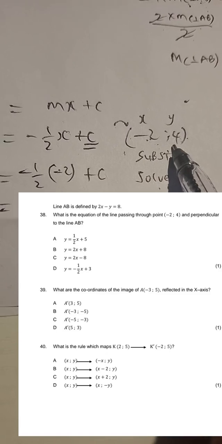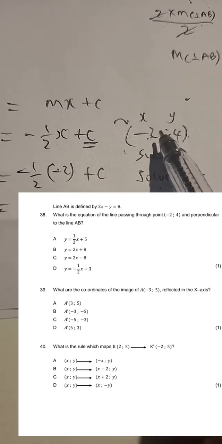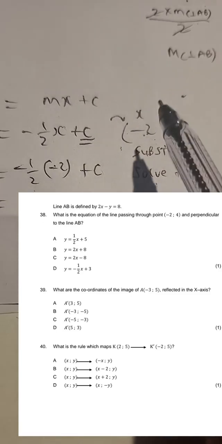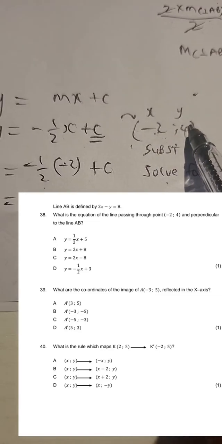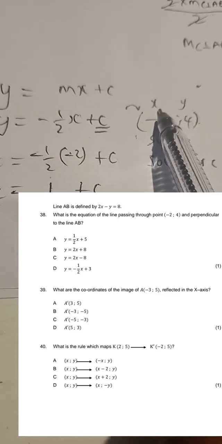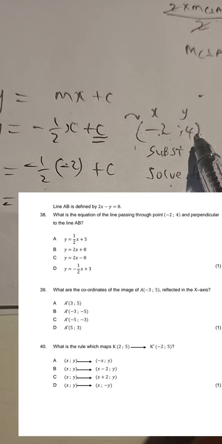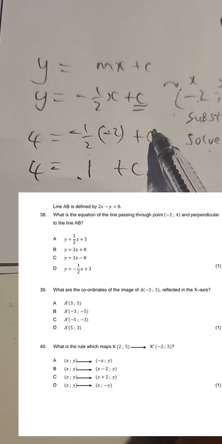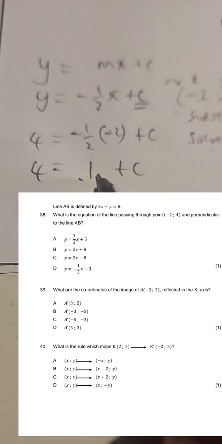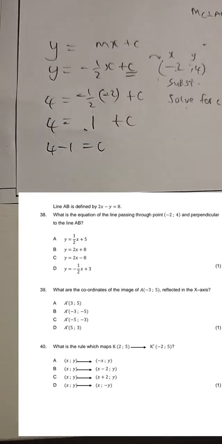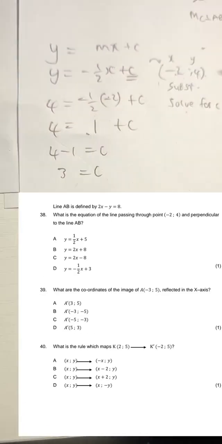We were told the line passes through the point (-2, 4), so I substitute x = -2 and y = 4 to find c. -1/2 times -2 gives positive 1. Now I solve for c: I transpose the 1, so 4 minus 1 is equal to c, so c is 3.